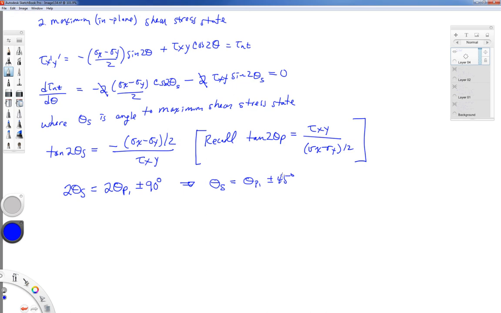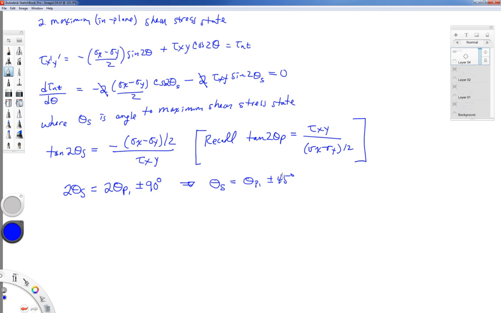Remember at the very beginning of the course, we had a bar in tension, and we said that the maximum shearing stress was at a 45-degree angle to the axis of the bar. Well, the axis of the bar was the principal angle. That was the direction in which the stresses were maximum. And so we can go plus or minus 45 degrees from that principal stress axis to get to our maximum shearing stress. It's perfectly consistent with what we have.